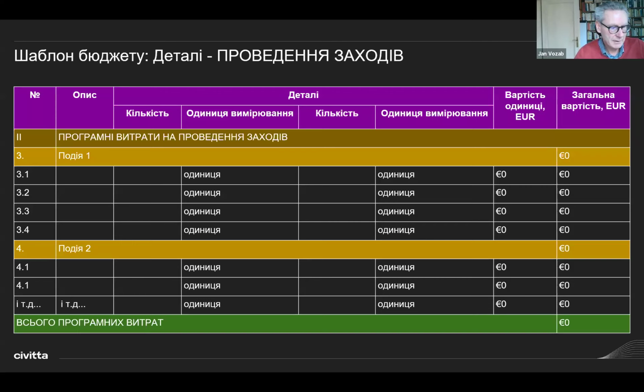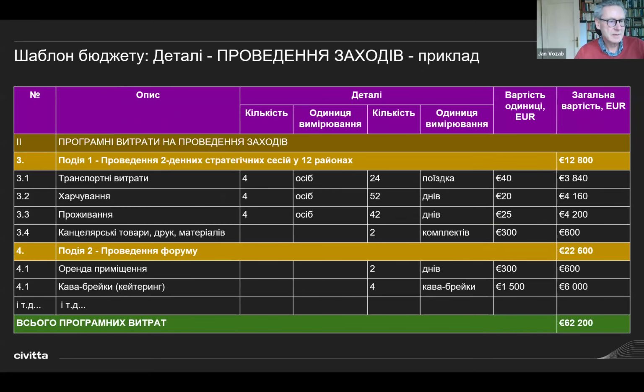To show you an example, so that it's clear what we mean by this, is this. You see, the first type of activity of the project example, these 12 strategies for 12 municipalities, and then the joint forum of 12 municipalities. The first type of activity was the 2-day strategic sessions in each rayon.